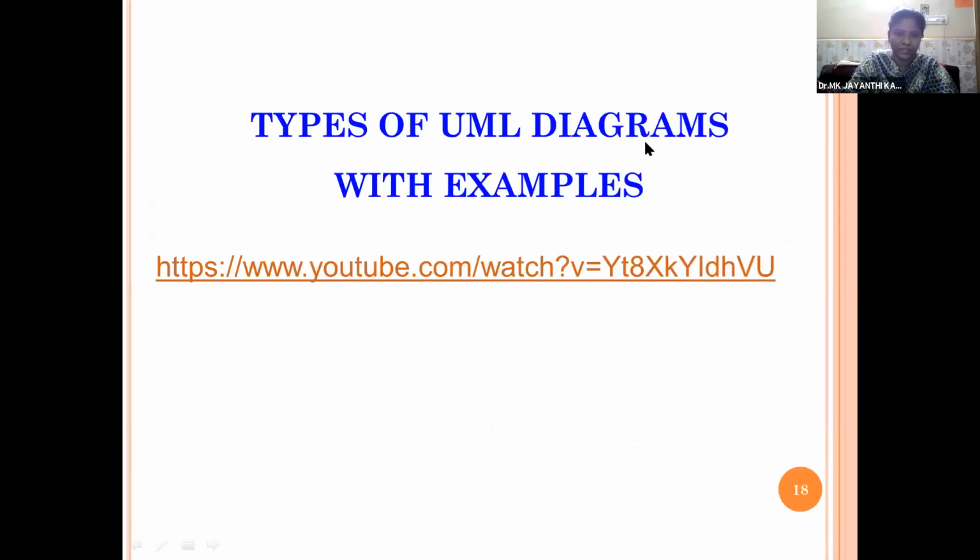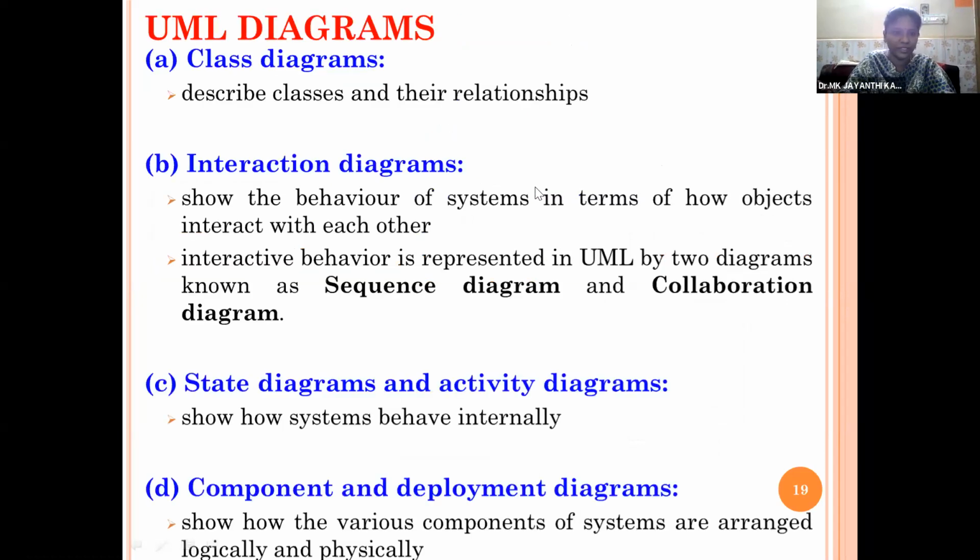We discussed the types of UML diagrams with examples and how to use StarUML, this freeware tool, to create UML diagrams. Then we discussed class diagrams, interaction diagrams, state chart diagrams, activity diagrams, component and deployment diagrams.